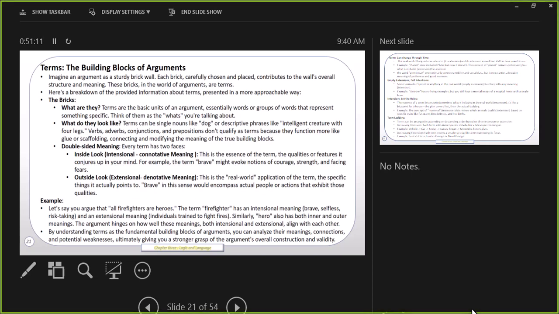Which one is open for evolution or change? And which one is static? Intentional can change, whereas extensional is somehow static. Do you agree with that? Yes.